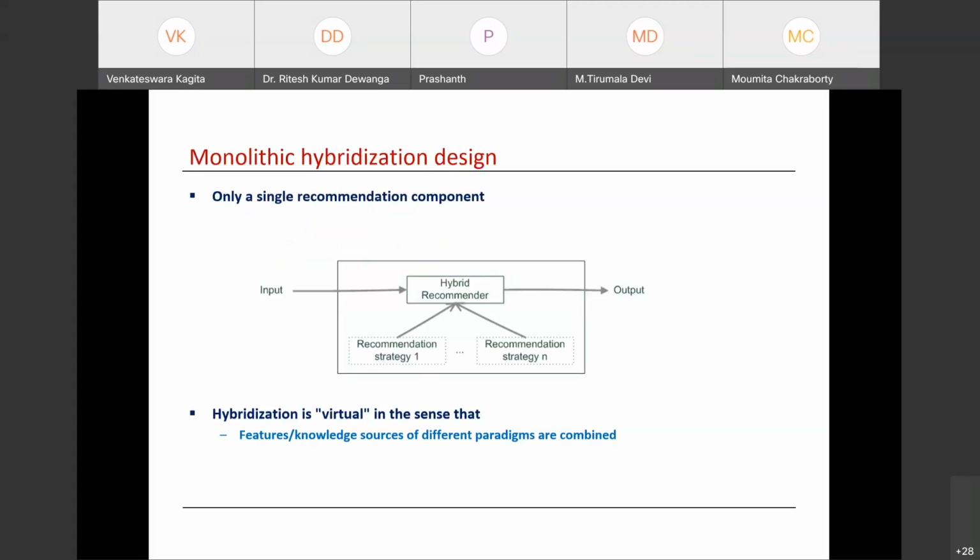You're combining the features of different recommender systems, strategy 1, strategy 2, all of that you are implementing in a single system. Only a single recommender component is here, which is a hybrid recommender component. We call this the monolithic hybridization design.